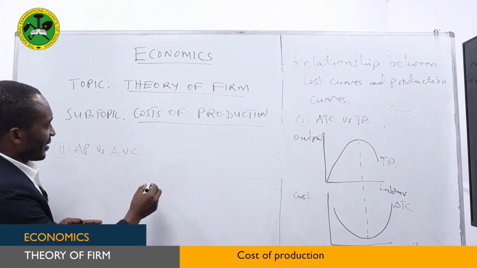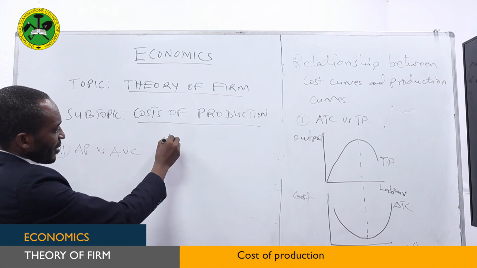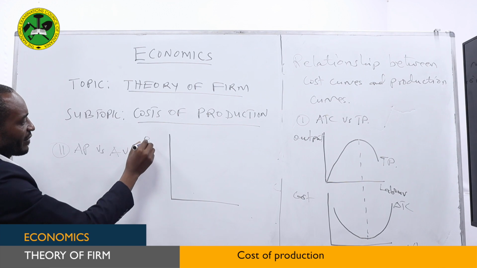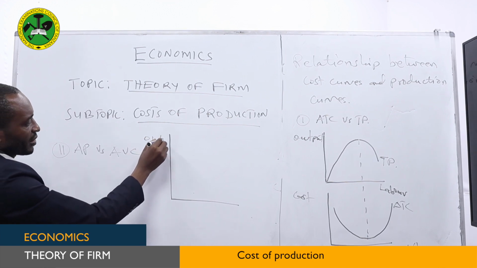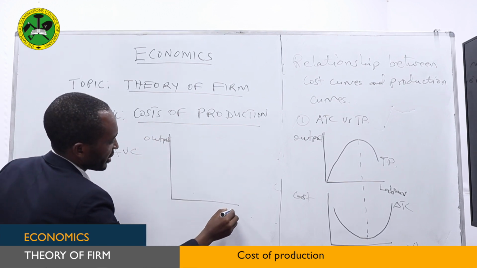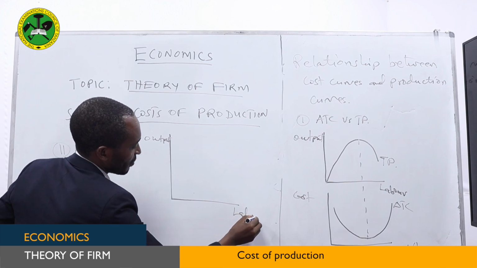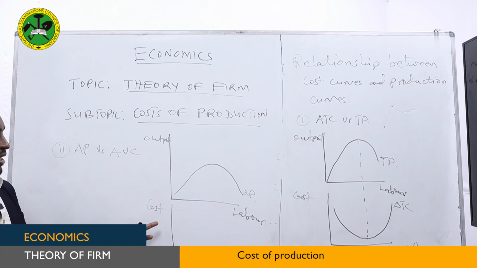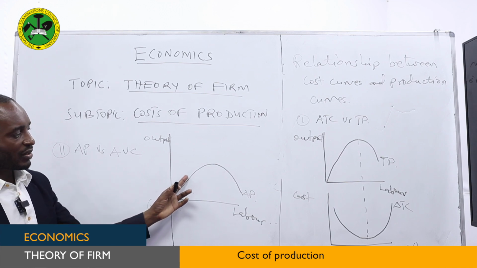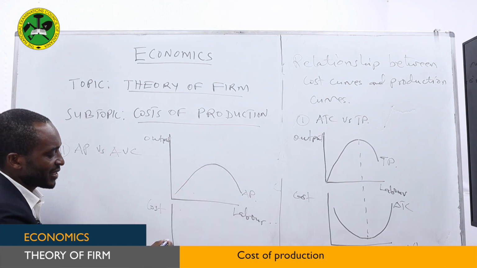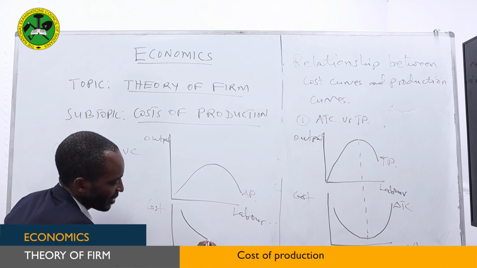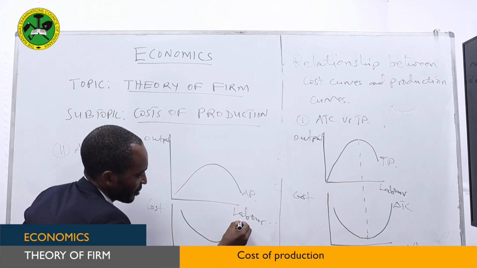So similarly, we start with the curve of average total cost here. Output is here, and there is labor. So when output or average product increases, average variable cost will decline, then reach a minimum, then start to increase.